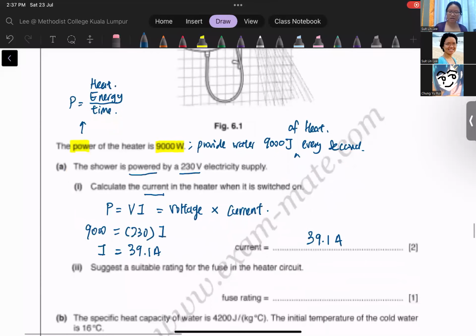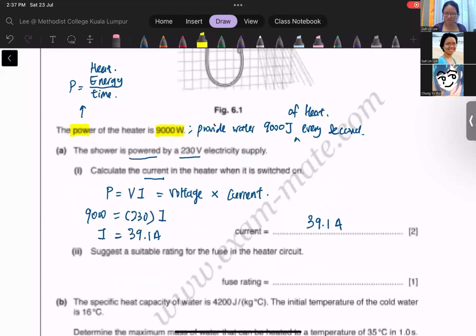For example, there could be a fuse in the heater circuit. So what a fuse is, this thing that is connected to your circuit. Now inside the fuse, let me try to draw a fuse, there's this tiny wire. Okay, and the fuse here has a rating. So obviously I'm going to at least use a 40 ampere rating fuse.